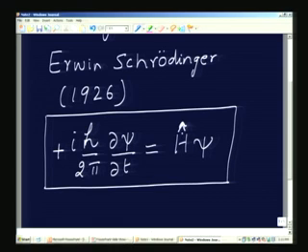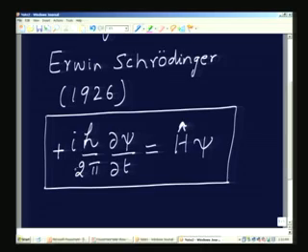The Hamiltonian is an operator. We will come to know all these things later, but the equation that we have to remember is i h by 2 pi d psi by dt is equal to H psi, where what is i? Most important, it is the square root of -1, it is imaginary.